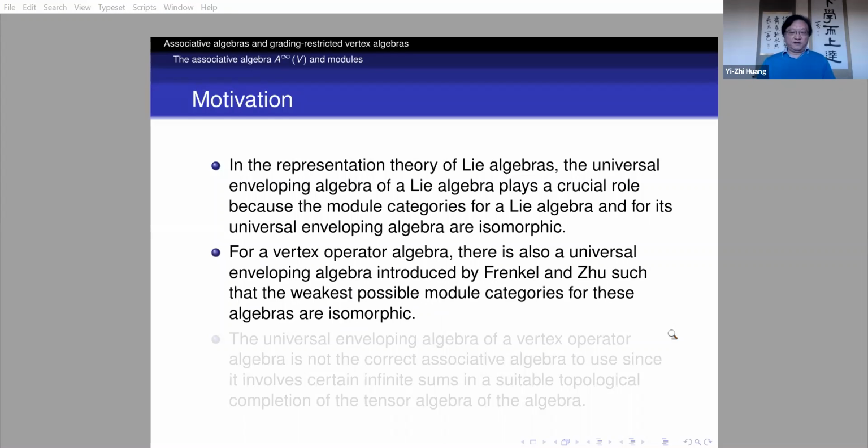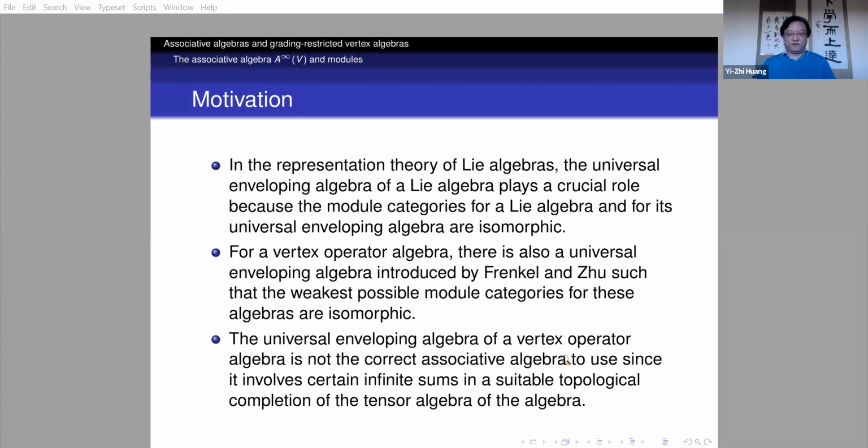Certainly in the beginning, you will say, okay, why can't we just use the universal enveloping algebra, which was introduced first by Frenkel and Zhu? You can also prove that there is an equivalence between the module categories. Okay, but the trouble is this. The modules for the universal enveloping algebra are too weak for us.